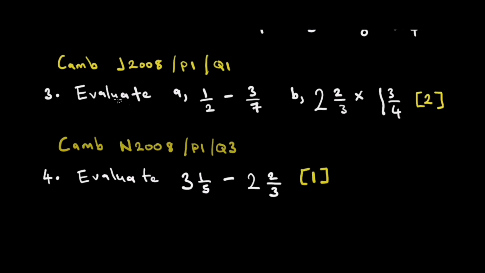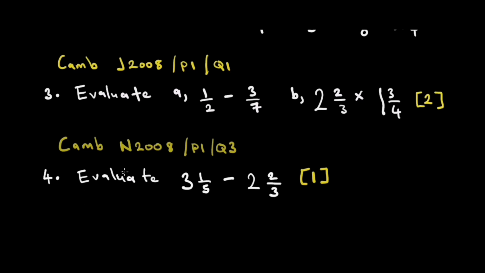Number 3 is taken again from Cambridge June 2008 paper 1. Evaluate 1/2 minus 3/7. Then part B, 2 and 2/3 multiplying 1 and 3/4. Each is 1 mark.